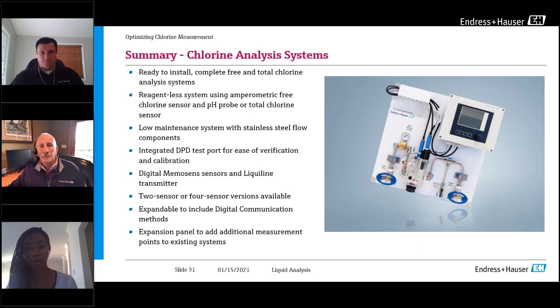So the first question I have: what are the benefits of liquid chlorine versus chlorine gas? I guess I'll answer that one. Liquid chlorine has always been just a simpler material to use than chlorine gas.